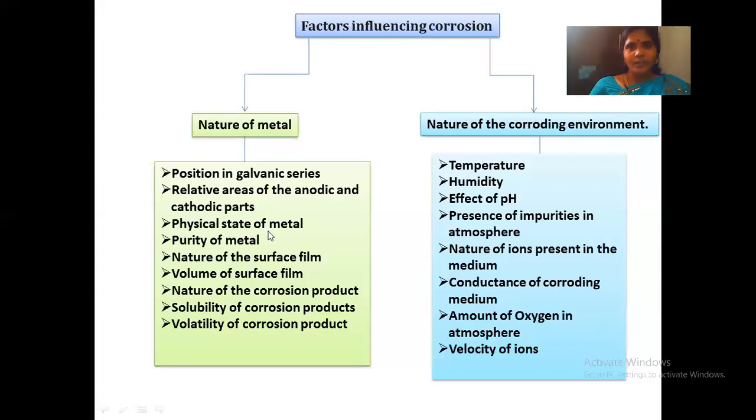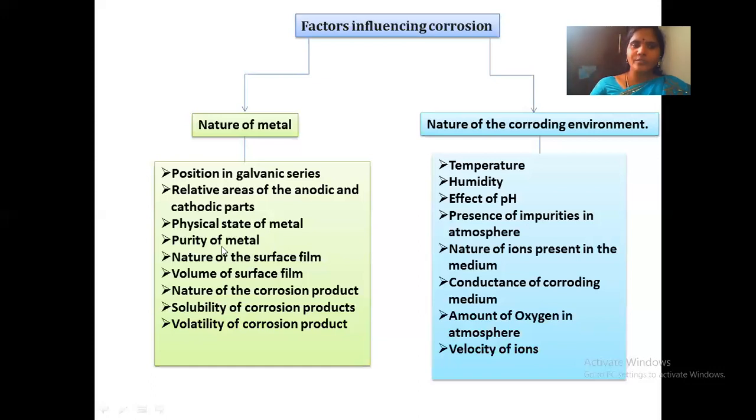The physical state of the metal. Here we need to consider the grain size and texture of the metal. Every metal is solid, but from one metal to another the crystalline arrangement varies and the grain size will change. The more the exposed area, the more the corrosion. So with a small grain size, the exposed area is more, and then the corrosion is also more.